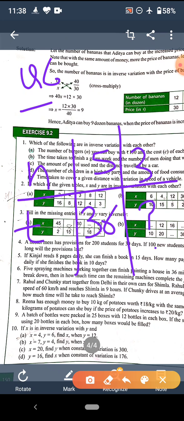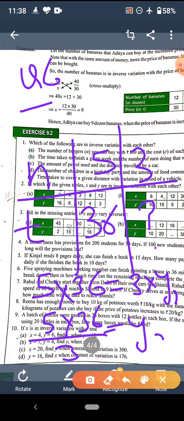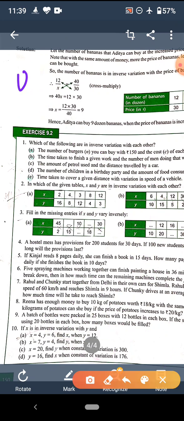So obviously, the machines are fewer. Now 2 machines fail, so x1 into y1 is equal to x2 into y2. So multiply 5 into 36 upon 3. So cancel it, 12 5s are 60. So how many minutes will it take? Now 60 minutes.